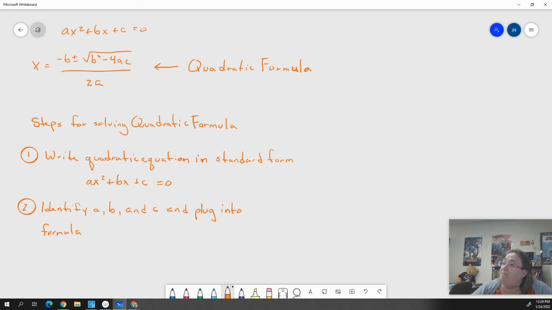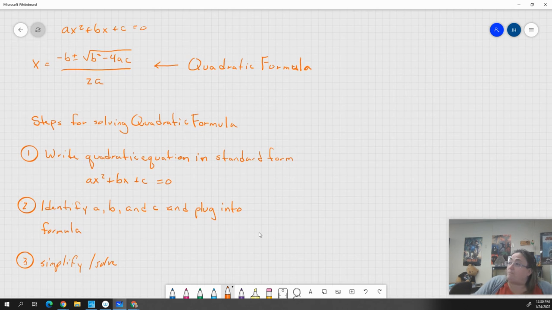So whatever our A, B, and C are, we're just going to plug in where you see them in the formula. And step 3, simplify and solve, right? We're finding our solutions. And that's it. Those are the only 3 steps.